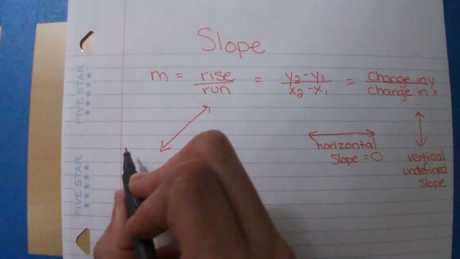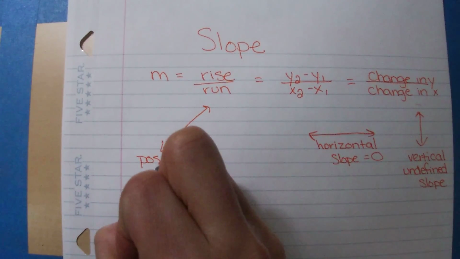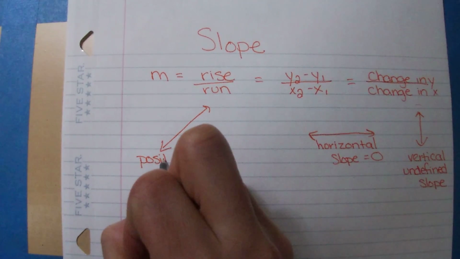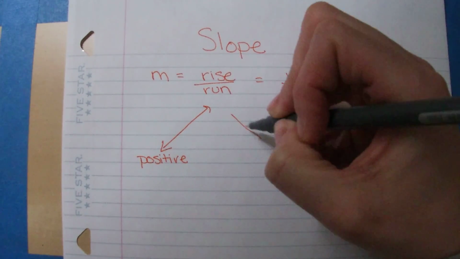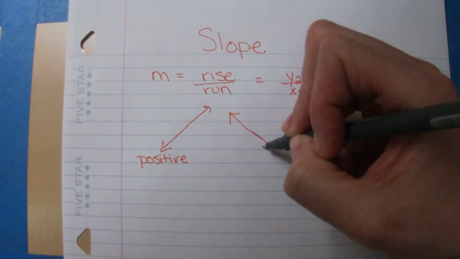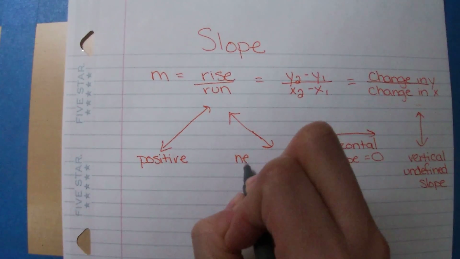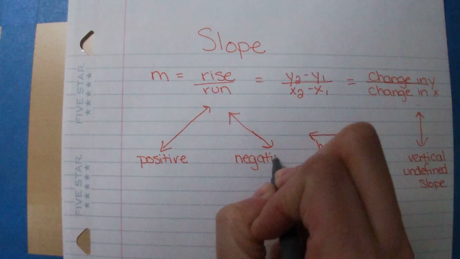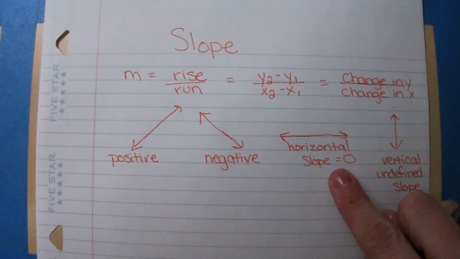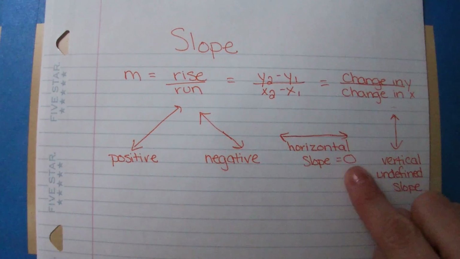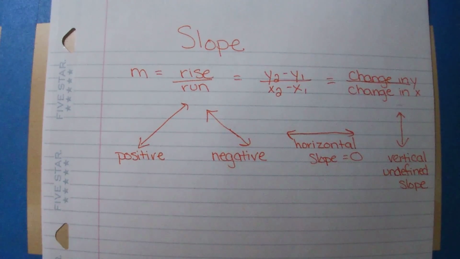If the line is going uphill, it's going to have a positive number. If the line is going downhill, it's going to have a negative number. Horizontal is a slope of 0, and vertical is a slope of undefined.